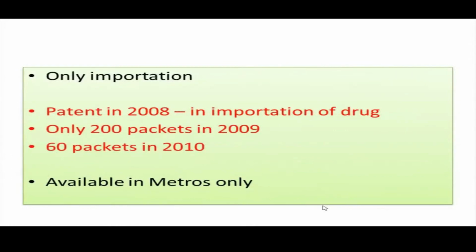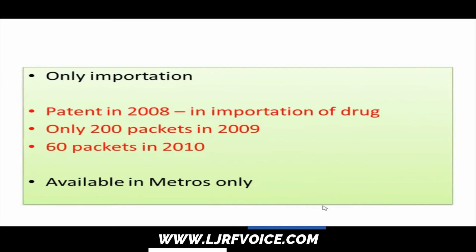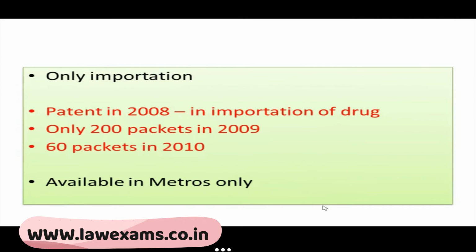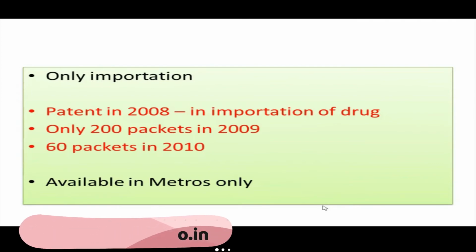Now, the matter to be looked at here, the first consideration: there was no manufacturer here, and in 2008 the patented drug was imported to India in very small quantities. As against a minimum of 27,000, only 200 packets were imported in 2009.